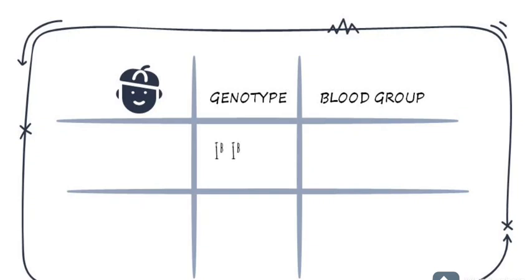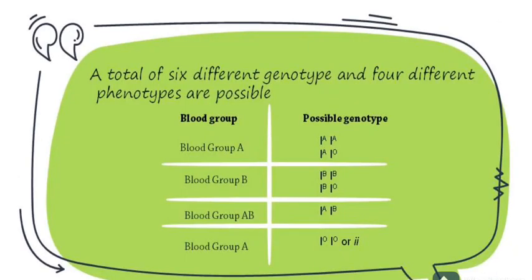A person homozygous for IB allele will express B antigen on its RBC's surface and have blood group B. A person heterozygous for IB allele will also have B blood group, as allele IB is dominant over allele IO. Hence, a total of 6 different genotypes and 4 different phenotypes are possible.